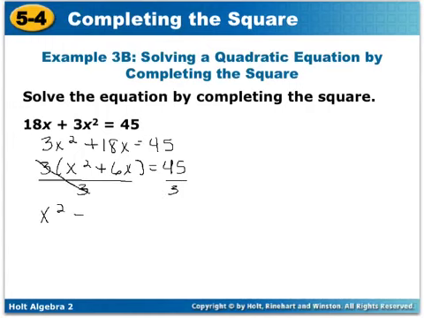X squared plus 6x equals 15. Now I'm going to actually take that problem and transfer it to the next page so I have some room to write. X squared plus 6x equals 15.